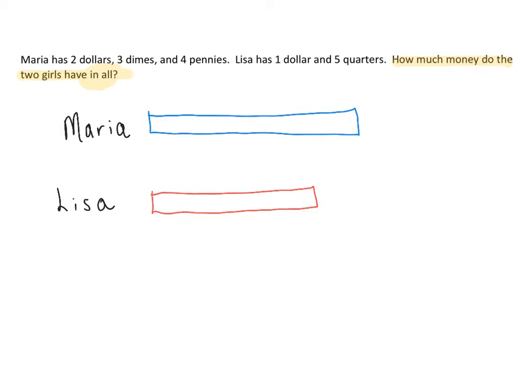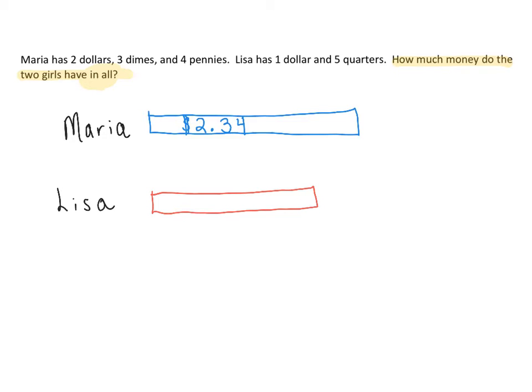So Maria has $2, 3 dimes, and 4 pennies. So I'm going to write $2. All right, 3 dimes. Remember, 1 dime is 10 cents. We have 3, so 10 times 3 is 30. So we have 30, but then we have 4 pennies, so $2.34.